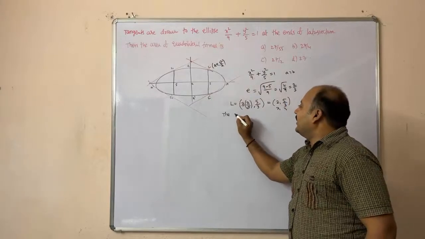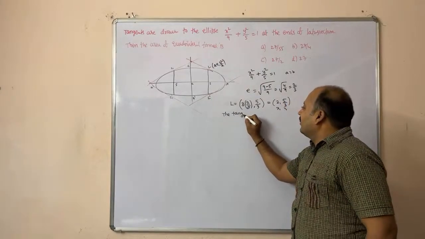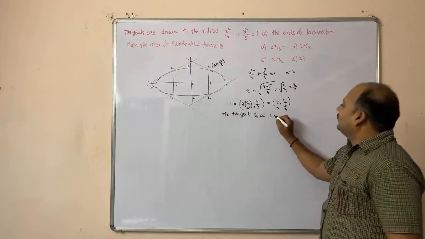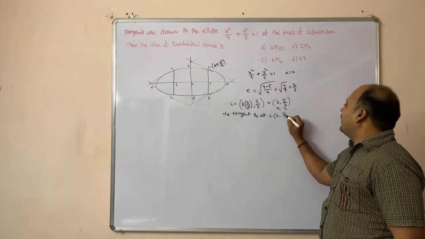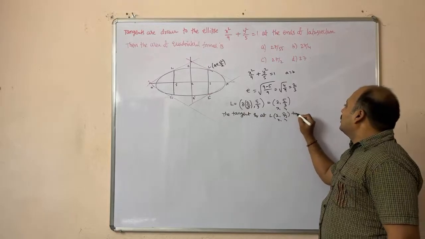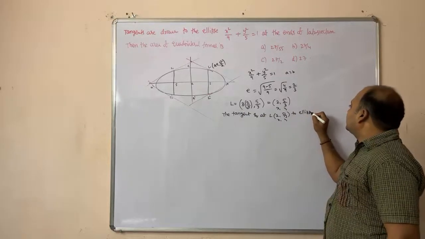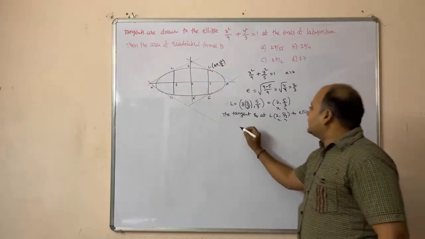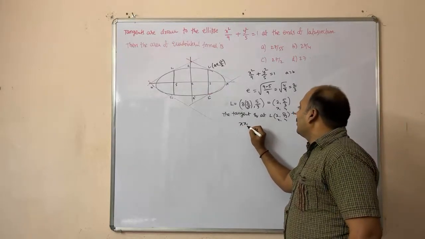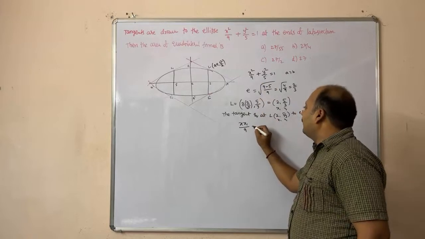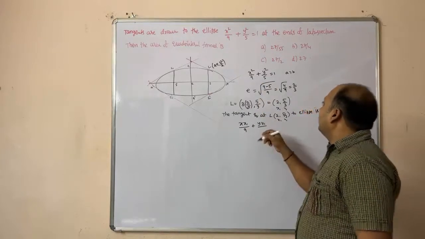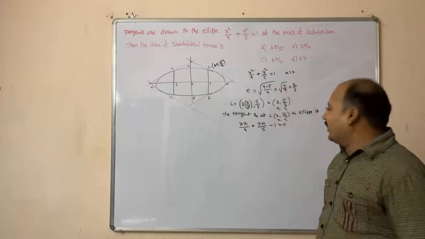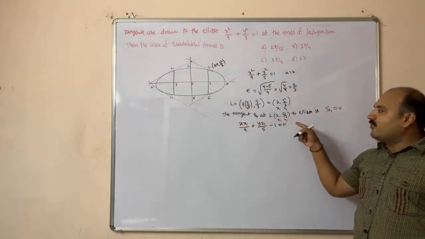At this point, we have to calculate the tangent equation. The tangent at L(2, 5 by 3), that means (x1, y1) to the ellipse, is S1 equal to 0. That is x x1 by a square, 9, plus y y1 by 5, minus 1 equal to 0. In place of x1, y1, substitute 2 comma 5 by 3.